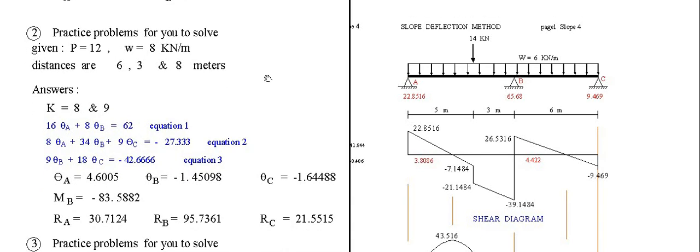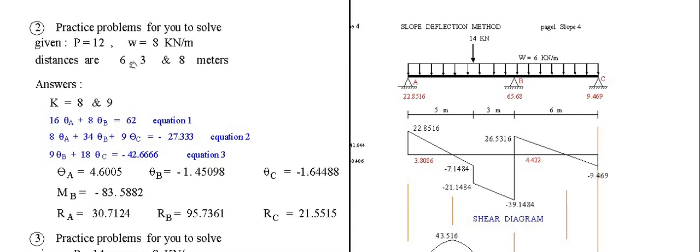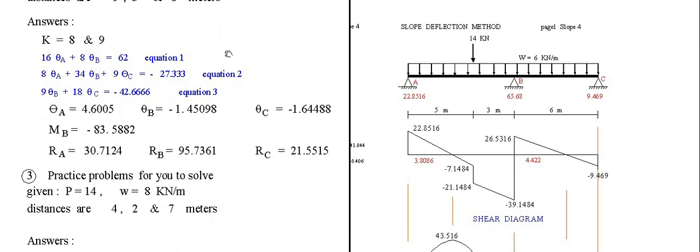Then we have another problem given P as 12, W as 8. Then change the distances to 6, 3, and 8. Then the stiffness factor becomes 8 and 9. Then the equations are given, equation 1, equation 2, equation 3.